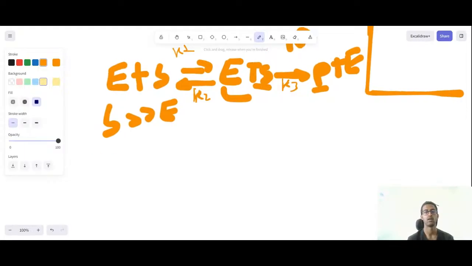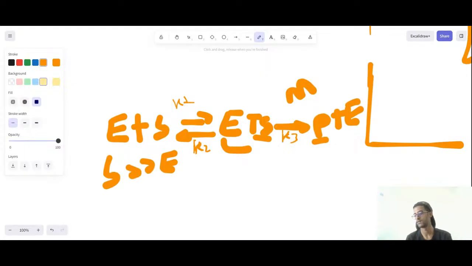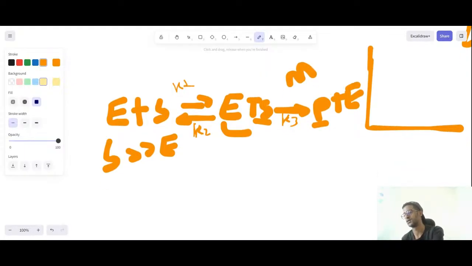So this is the whole process actually, and let me check it out. So this is the transition state.